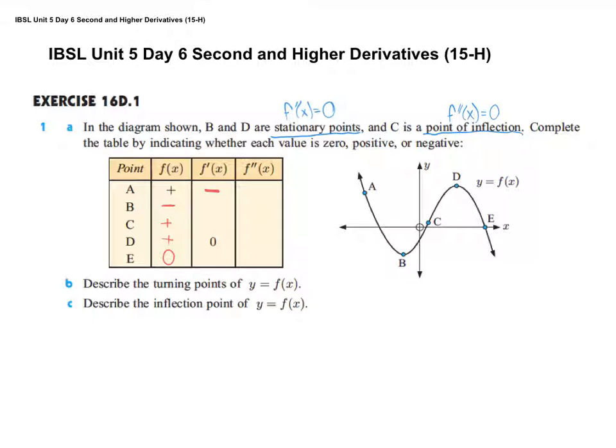At B, we were already told this is a stationary point, so we know that at B, the first derivative is 0. At C, it's increasing, so it is positive. At D, it equals 0 again, because we were told that's a stationary point. And then at E, it's negative. Our function is decreasing again.